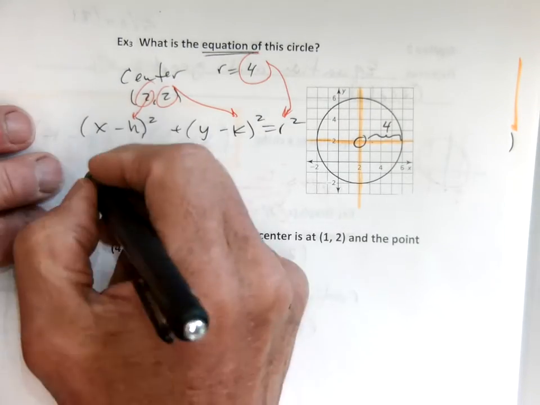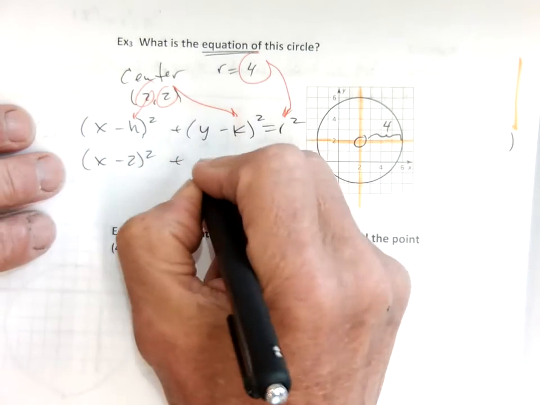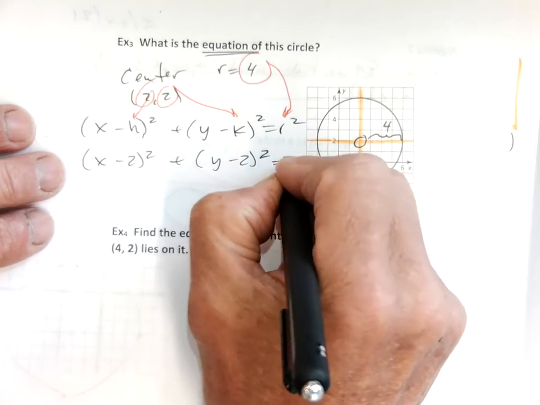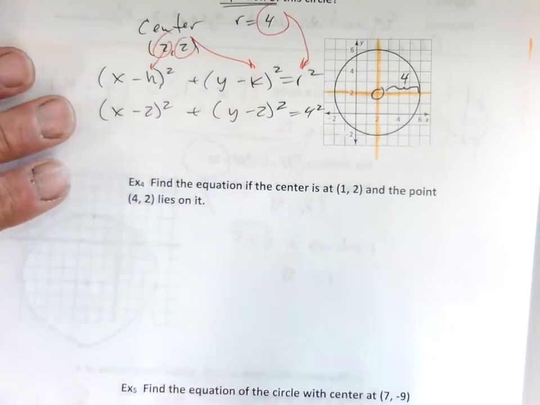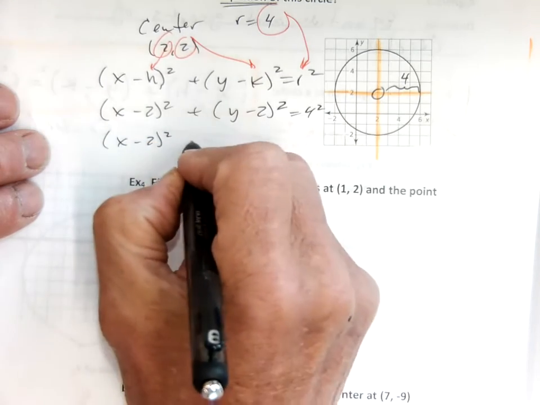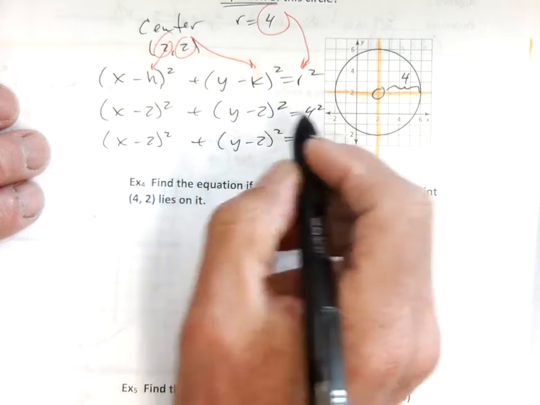So I'll have an answer of x minus 2 squared plus y minus 2 squared equals 4 squared, which is 16, and I might just write it one more time with a 16 here. How's that?